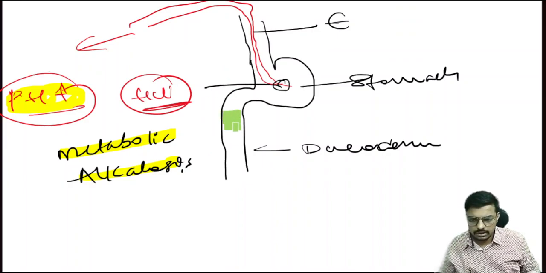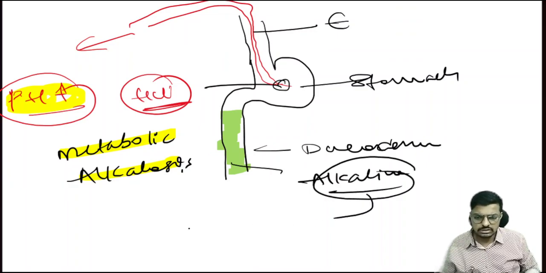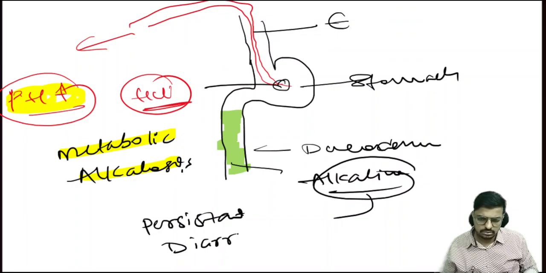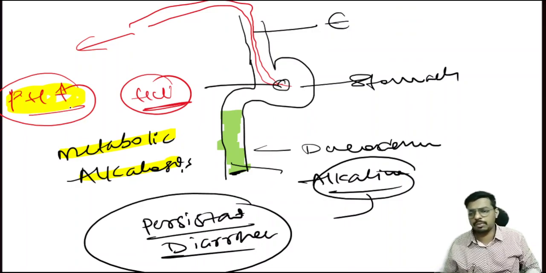In the last concept, I told you that in the duodenum, the content is completely alkaline. Consider a patient with persistent diarrhea. All the alkaline content is lost, meaning bicarbonate and all alkaline components are lost from the body.